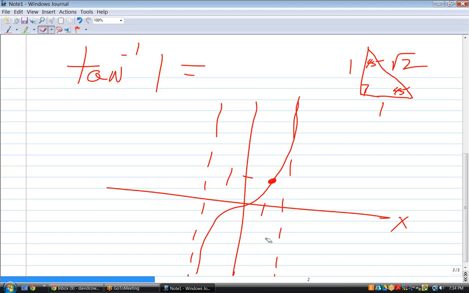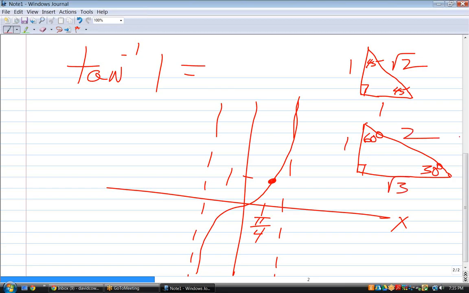However, that's fine, except when you figure out all of your first quadrant angles, these two triangles are labeled in degrees. Now, of course, you can convert them to radians, but it's important to memorize these two triangles, whether you're in radians or not.